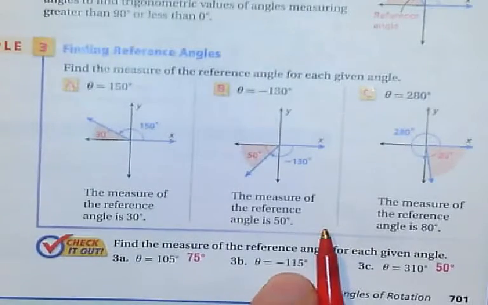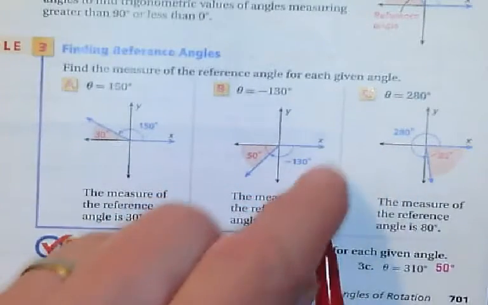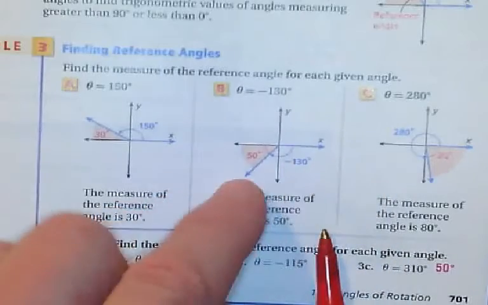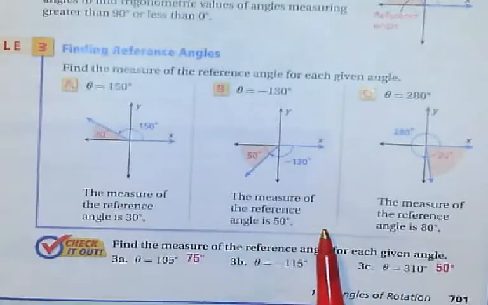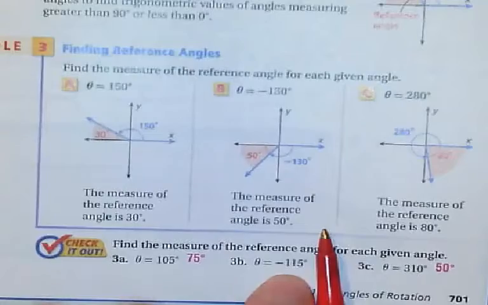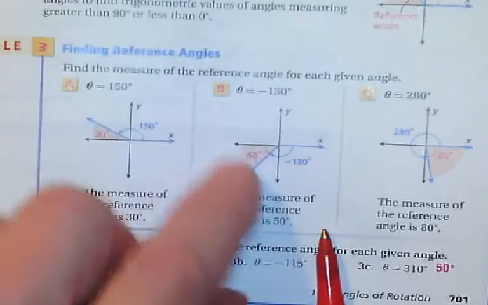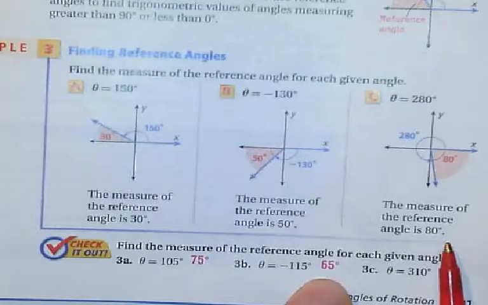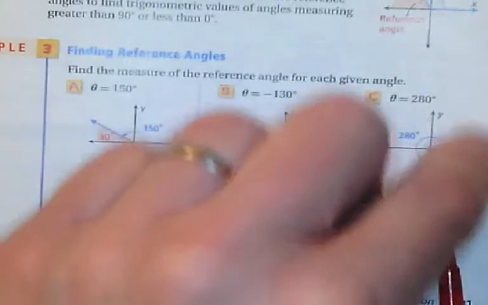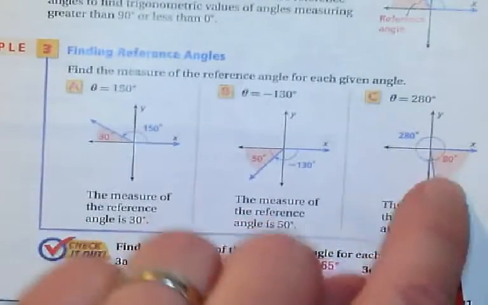How about negative 115? I would go over like this. So it's away from this angle here. So I have to do 180 minus 115. How far away is that? Well, that's only 65 degrees. How about 310? If I went all the way around here, 310's over here.